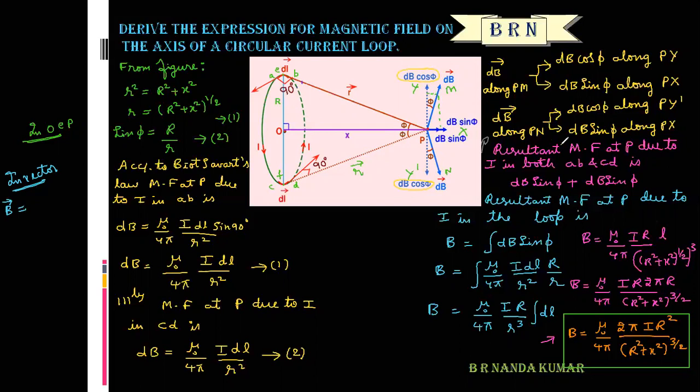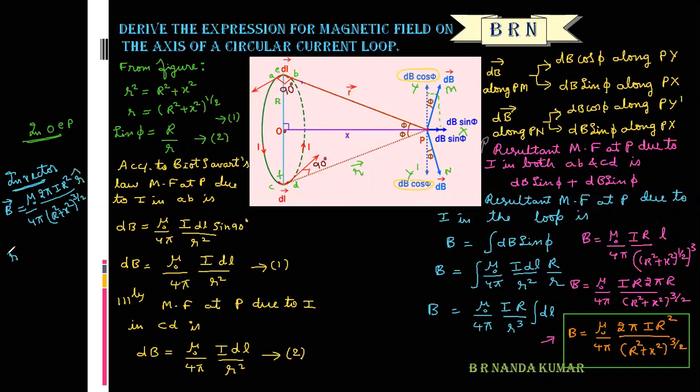So in vector form, the expression for magnetic field at point P is B vector equal to mu naught divided by 4 pi, 2 pi I R square divided by (R square plus x square) whole power 3 by 2, into r cap.